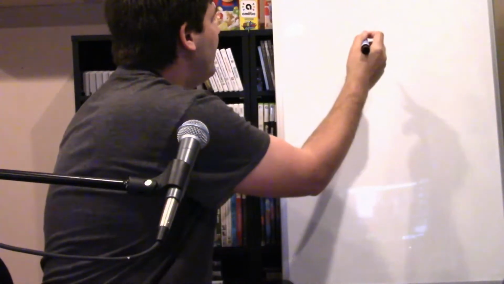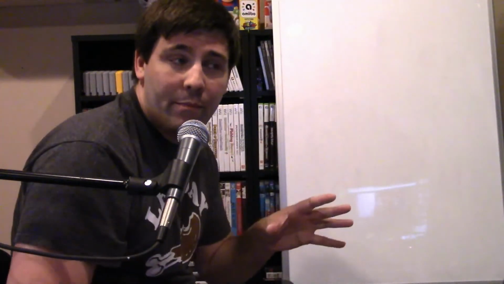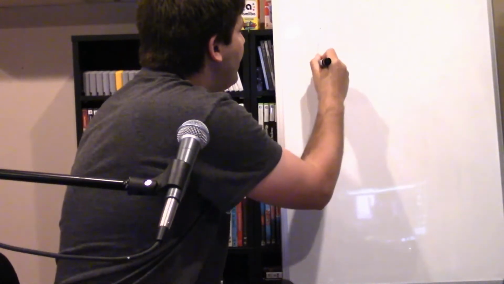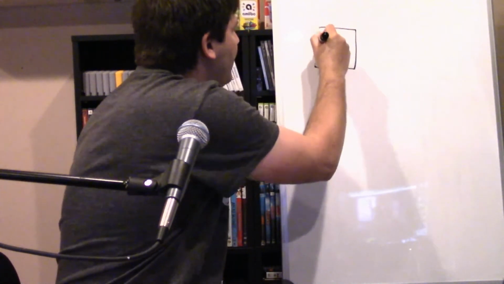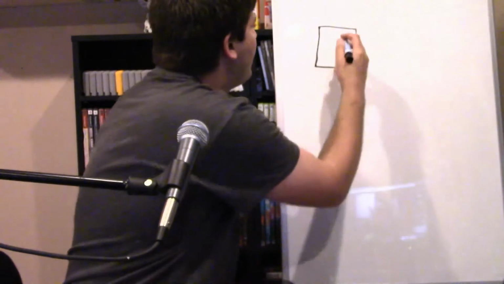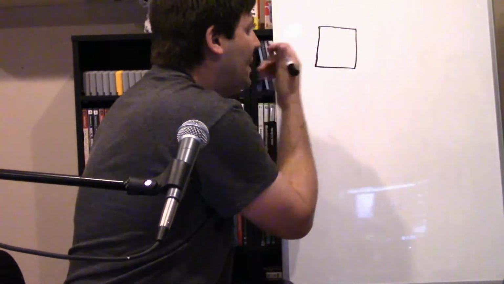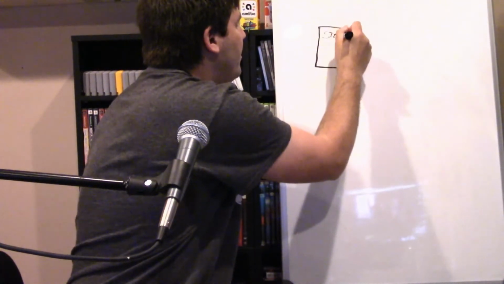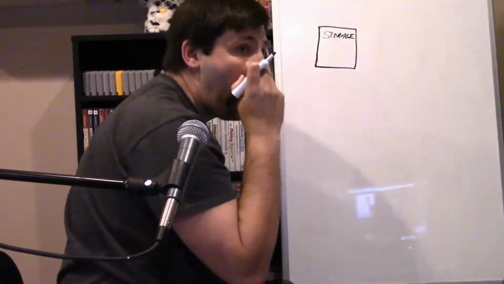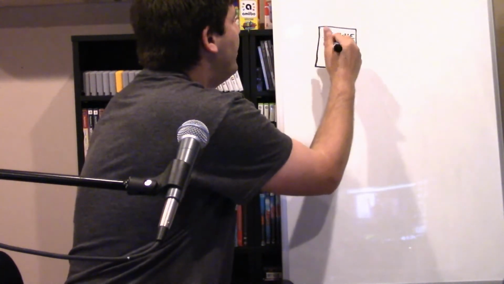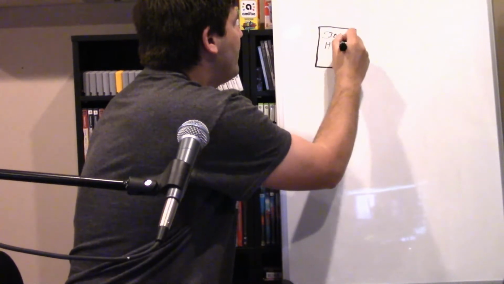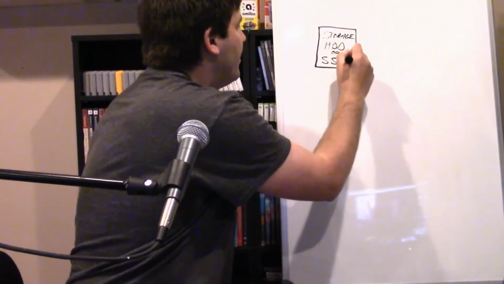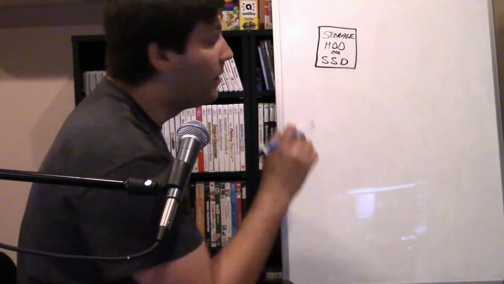First thing, I'm only going to cover the three main components. This is basically how it is. You've got your storage. Make sure that's in the frame good there. Which we'll call the storage, which can be your hard drive or your solid state drive, whichever you have, and I'll get into that in just a minute.